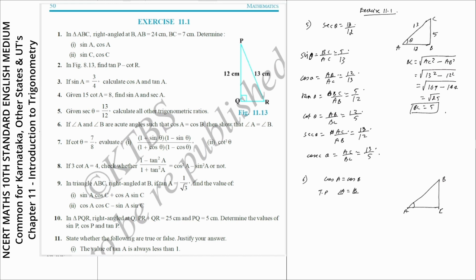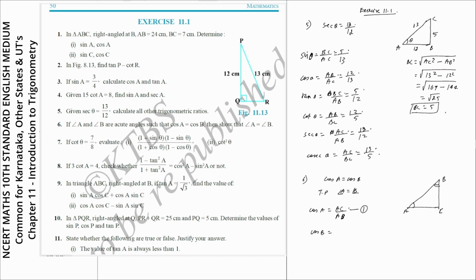Now what is cos A? Cos A is equal to adjacent by hypotenuse, right? So that is AC by AB. I'll mark this as 1. Now what is cos B?